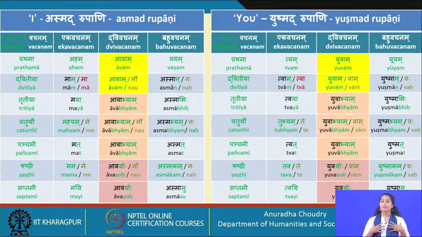Astu. The first is Aham, Mam, Aham Asmi, Mam Pashyati, Bhavan Mam Pashyati, Maya Saha Gachati, Mahyam Pustakam Dadati, Mat Pustakam or Mat Sanskritam Pathanti.